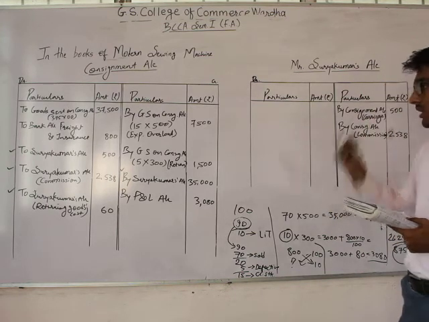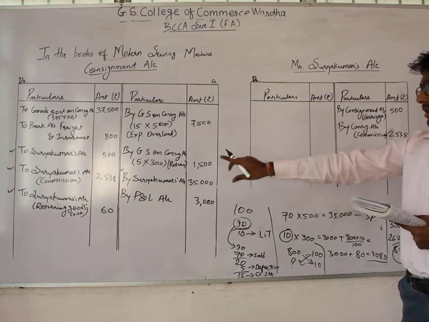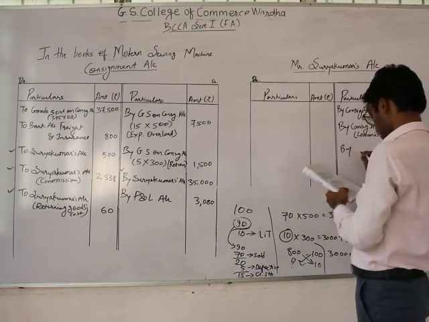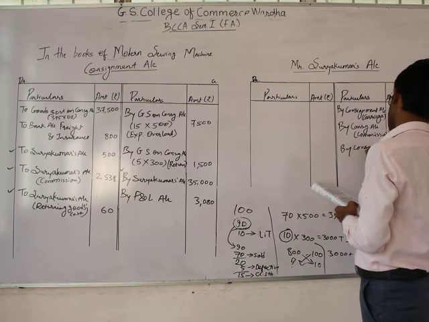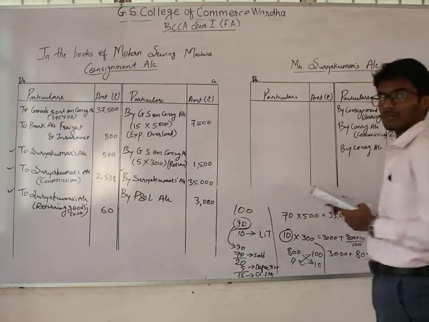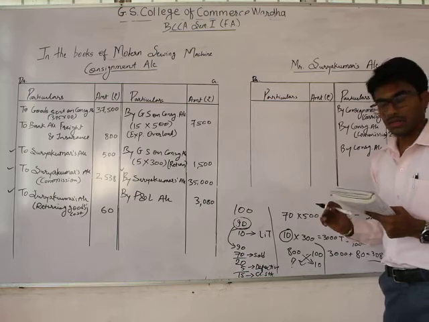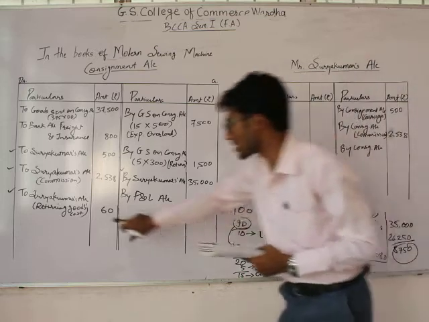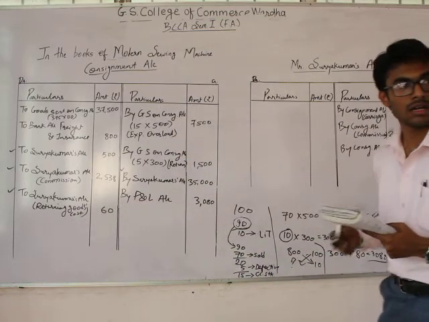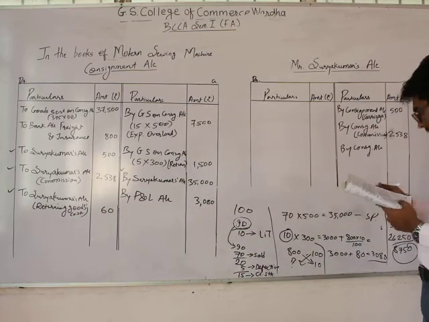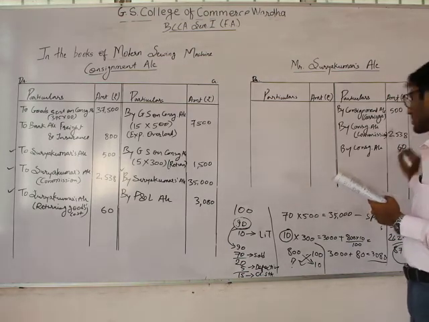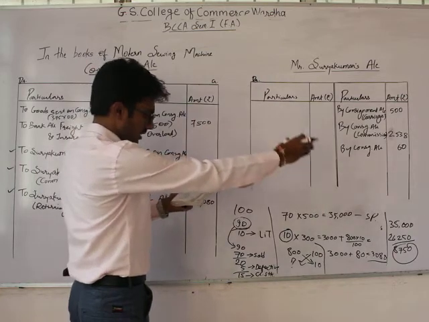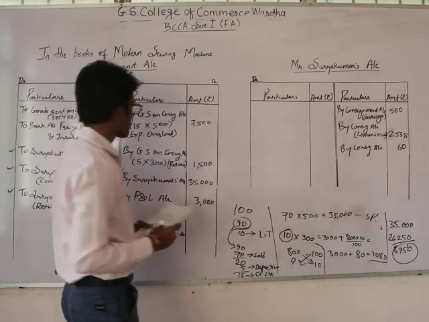Done. 2538. Now the last one, returning goods cost. So by consignment account again, and what is the amount here? This 60 rupees, returning goods cost. Okay, so this is your 60 rupees, and finally we have completed the credit side, and now the sales proceed.